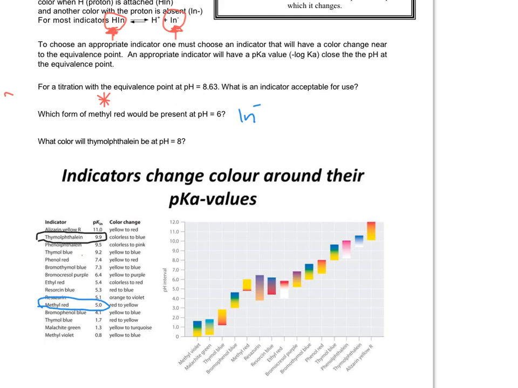So before 9.9, it would be colorless. After that, it would be blue. So at pH of 8, even though that's a basic pH, it hasn't turned yet, and so it's going to be colorless in this case. So this is something to keep in mind for acid-base reactions. Again, these have been very popular on the AP exam.